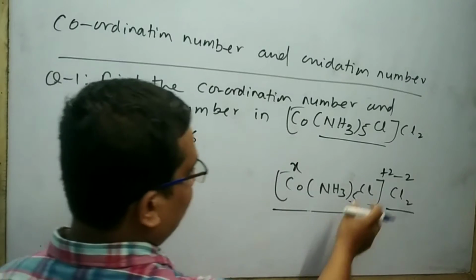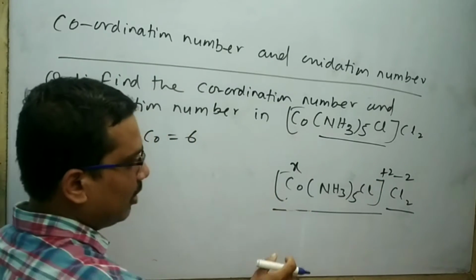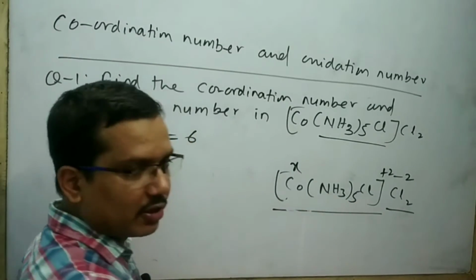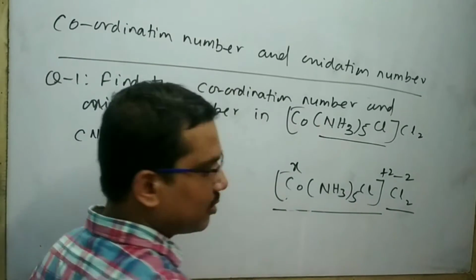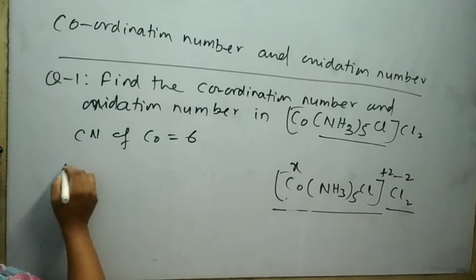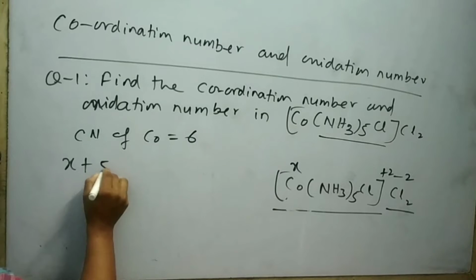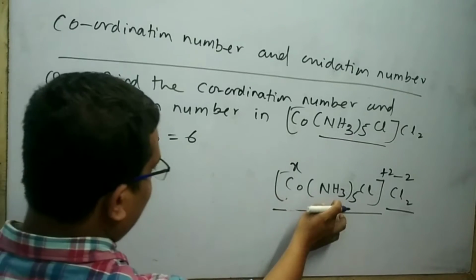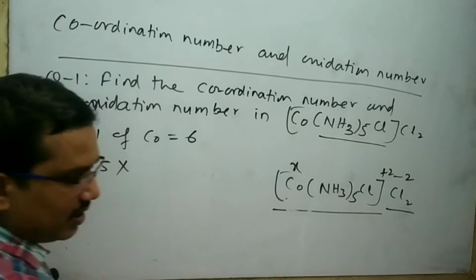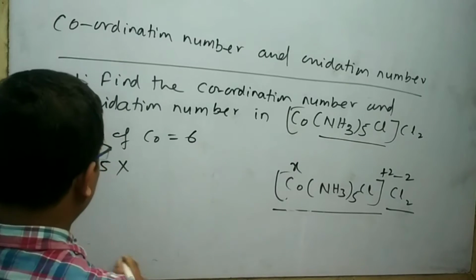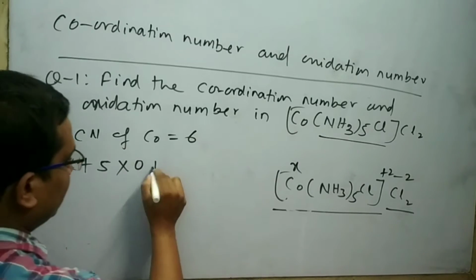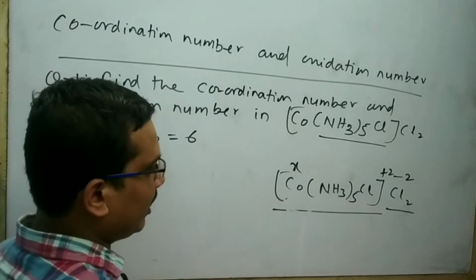Now the plus 2 is equal to the oxidation number of cobalt plus 5 into the oxidation number of NH3 plus 1 into the oxidation number of chlorine. So here I can write X plus 5 into the oxidation number of NH3. We know that the oxidation number of NH3 is 0 because NH3 is a molecule. So I can write 5 into 0 plus the oxidation number of chlorine.